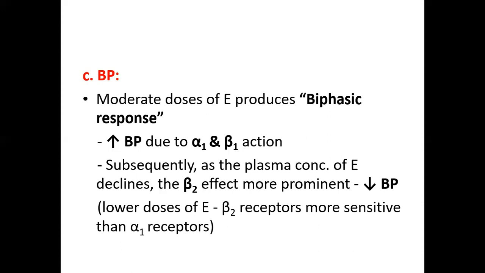As the plasma concentration of epinephrine declines, beta 2 being more sensitive to epinephrine, even the smallest dose has action on beta 2. Hence, there is a fall in blood pressure. So initially there is an increase in BP, then a fall in blood pressure. This is called a biphasic response.